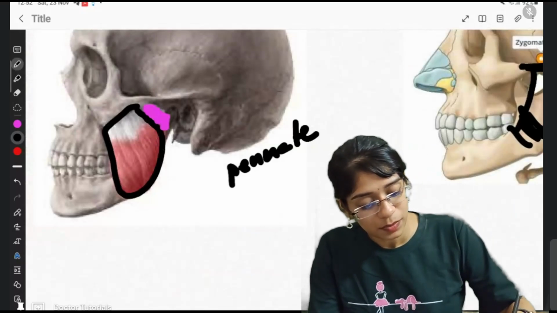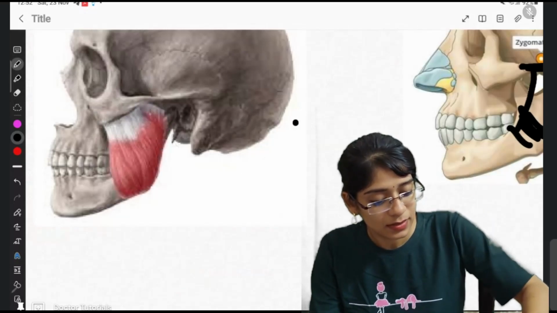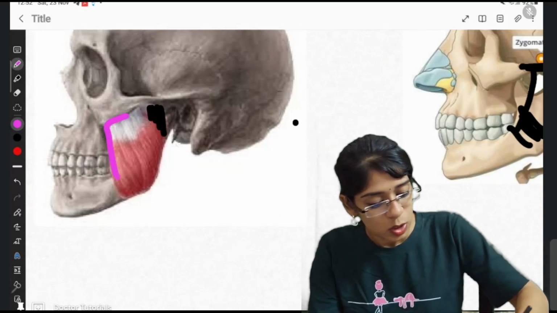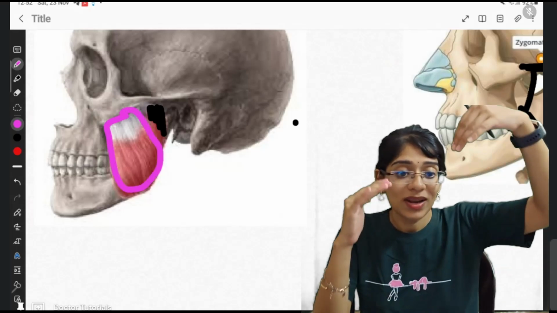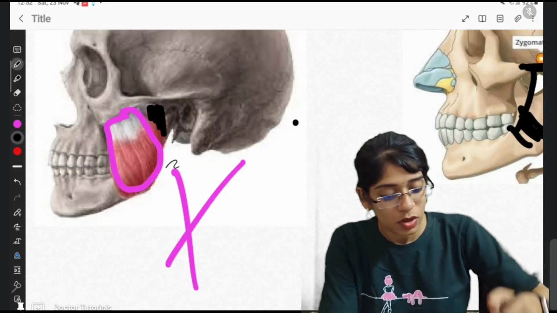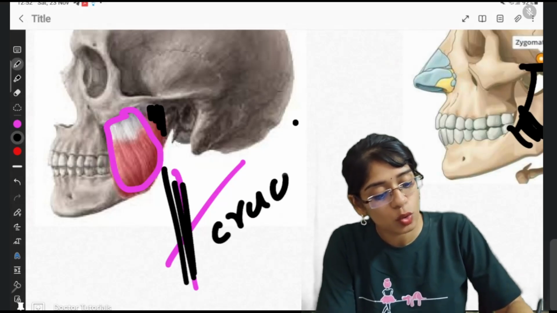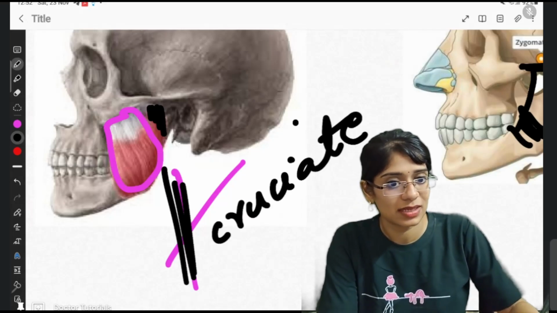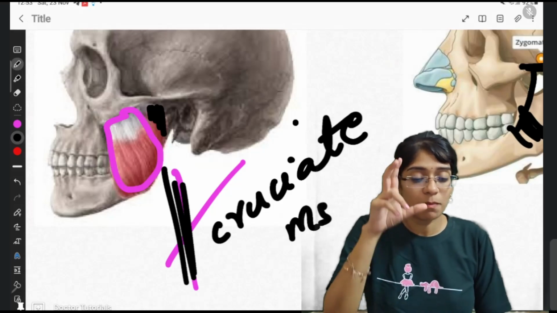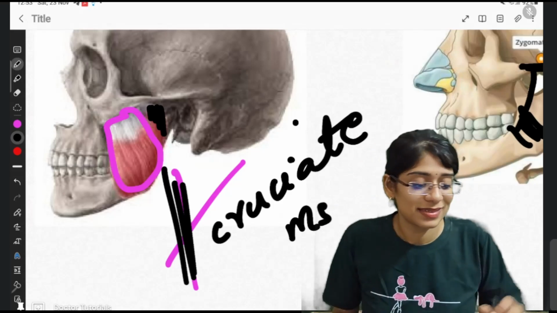Remember, here there are two kinds of fibers: deep muscle fiber and superficial muscle fibers. When two muscle fibers cross each other, such muscle fibers are called cruciate muscle fibers. What is it, guys? Cruciate muscle fibers. So masseter has what kind of muscle fibers? Cruciate. This has come as a question.